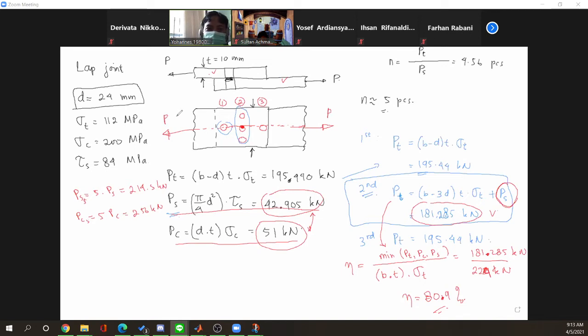So this kind of load doesn't initiate moment in the joint. There is no torsional or moment working in the joint because this load works in the single symmetrical line.